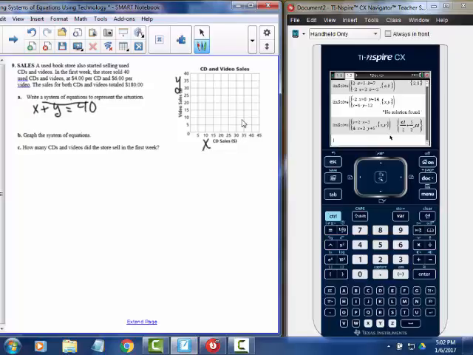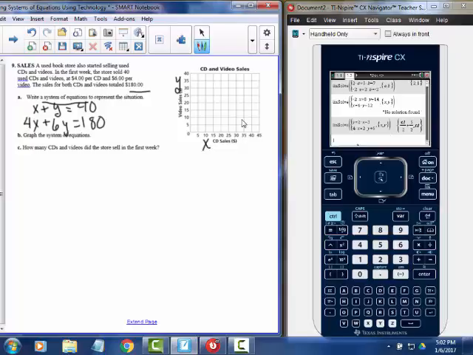Okay. And then they talk about the money. The CDs were $4 each, so that's going to be 4X. And the DVDs, I'm sorry, the videos were $6, so 6Y. And when we sell, right, that's our money, and they said they totaled $180, so that means it equals $180. So now we have our two equations, and it says to graph them.